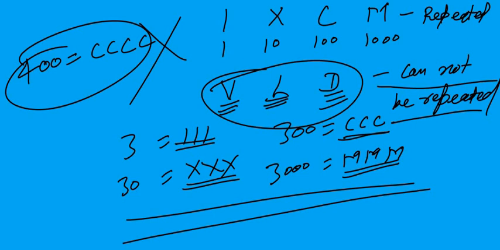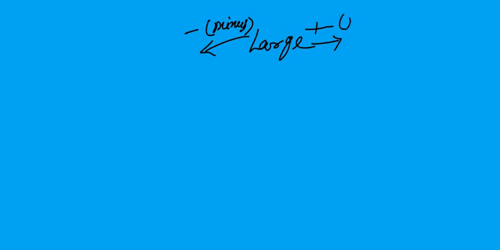Next, our third rule is if a symbol is written just to the left of a larger value, then it will be subtracted. Remember that here you have written a large value, and just to the left, it will be minus, that means subtracted. If you write on the right side, it will be plus. Remember that this is our third rule.